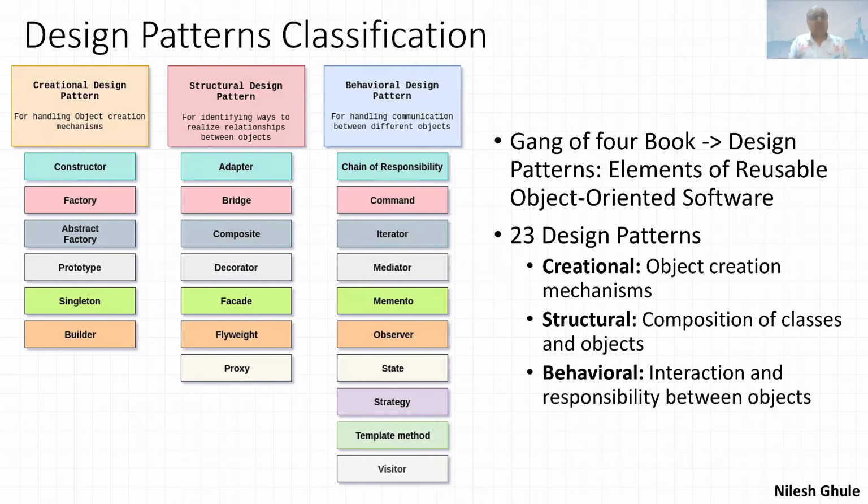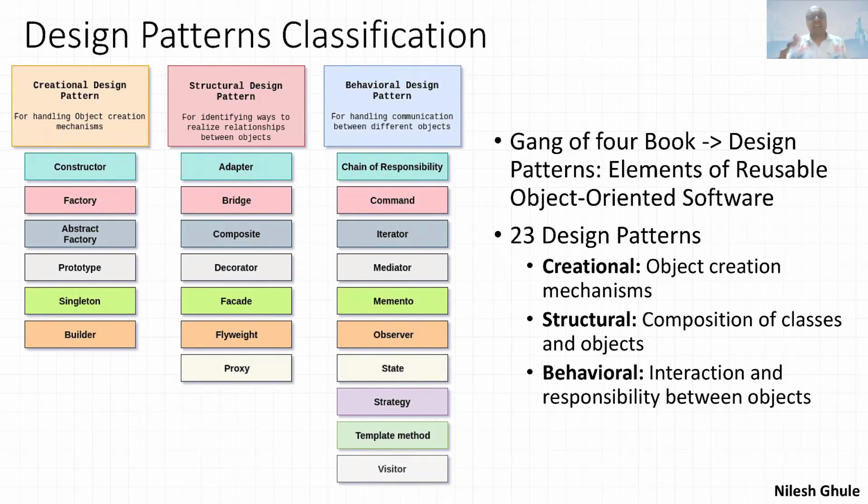As per the original Gang of Four book, which is very popular by this name, titled Design Patterns: Elements of Reusable Object-Oriented Software, this particular book mentions 23 design patterns, and it is considered the most authentic source on design patterns. According to that book, all these design patterns are divided into three categories.